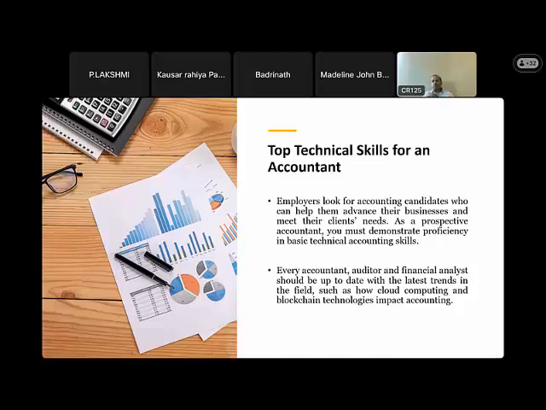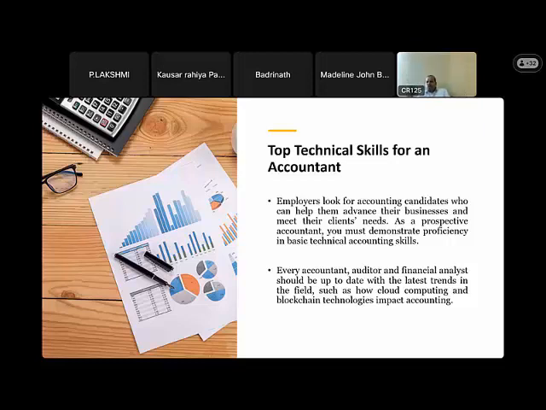Particularly, the BCom course you have enrolled in will teach you a lot of other things. You can be an expert in auditing, an expert in taxation, a tax consultant, an audit consultant, or a management consultant. So it will give you a lot of scope in the coming years.